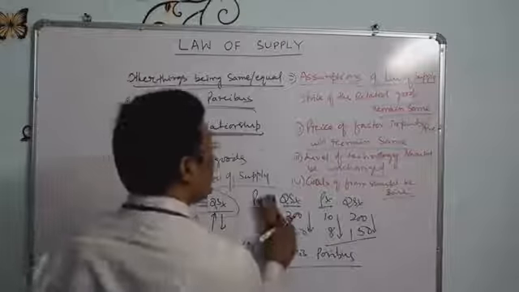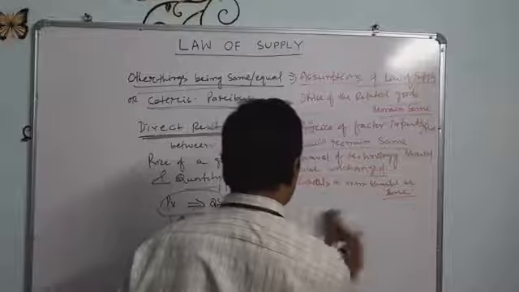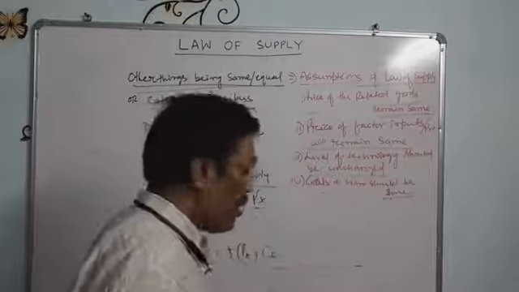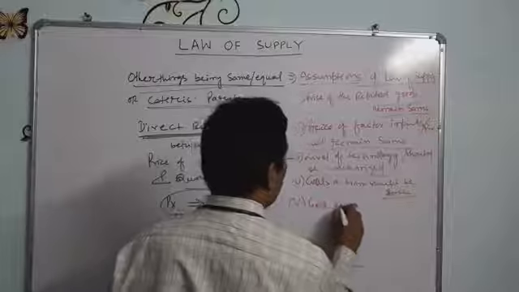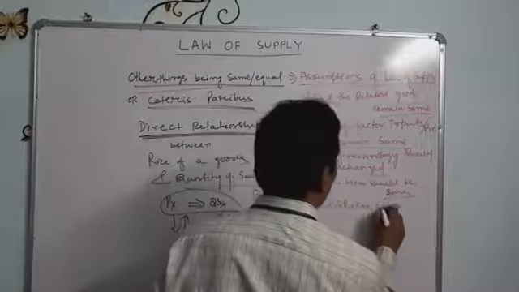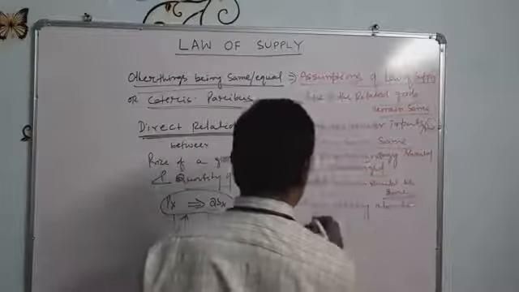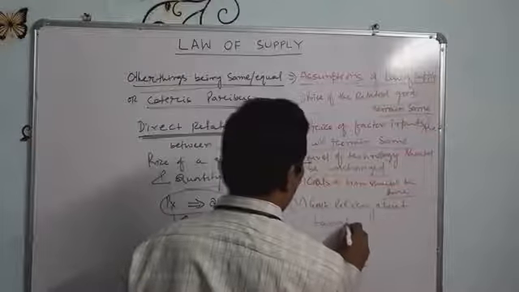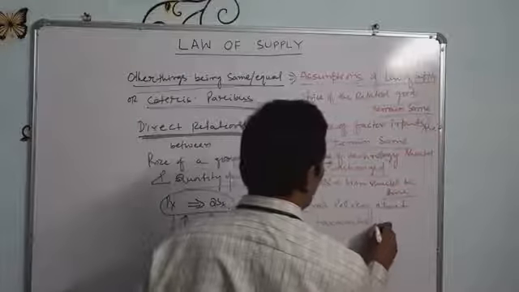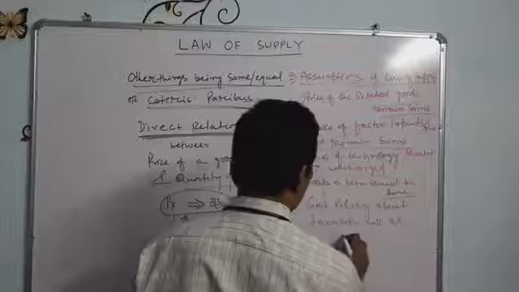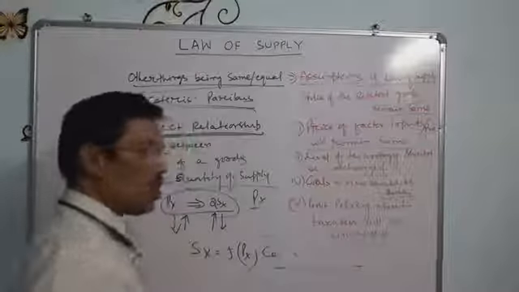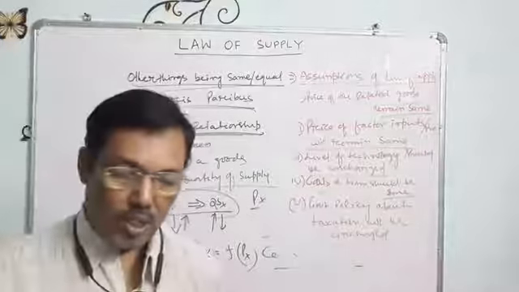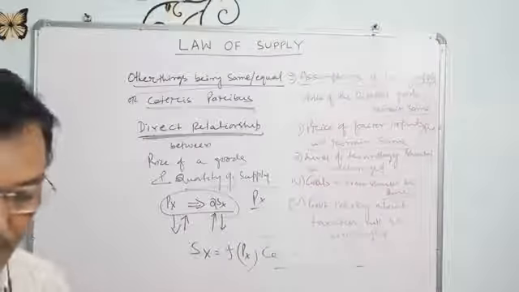Fifth point, government policy about taxation will be unchanged. It means there will be no increase in excise duties or customs duties, so that the law of supply will be implemented.